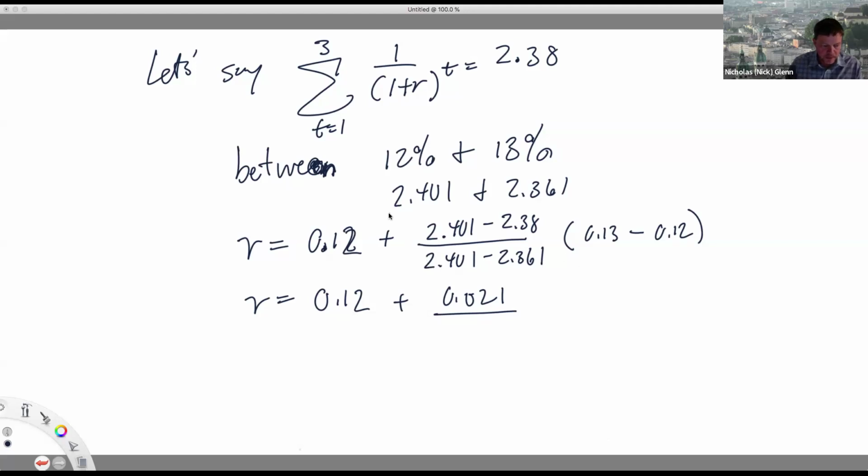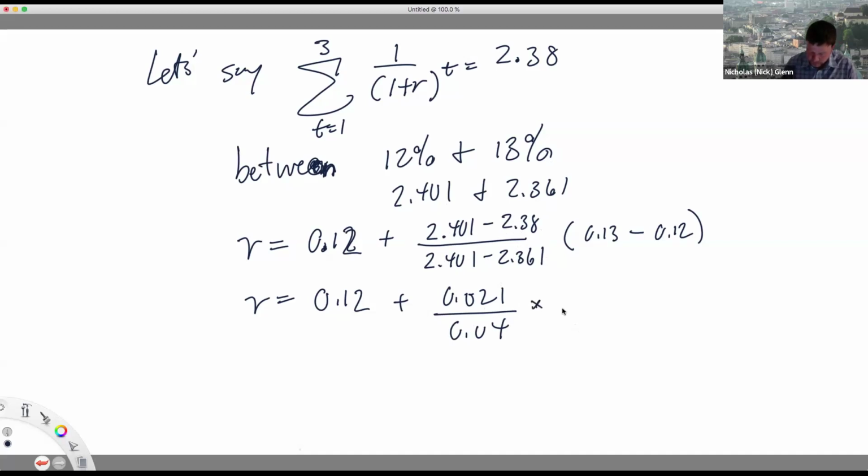So we want to say, what's the difference between 2.401 and 2.361? And what we got for that is 0.40. And as you can see, look at these numbers, the 2.38 is about halfway in between 2.401 and 2.361.